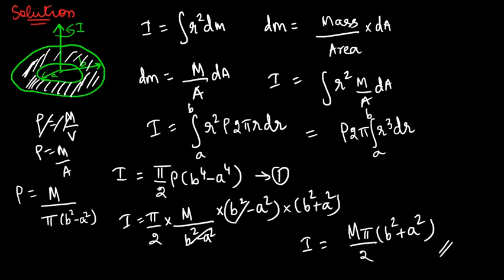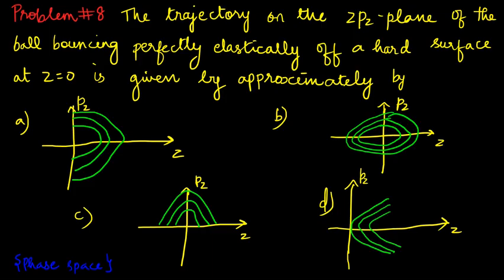So let us see our last problem, which is again from 5 mark, and this is from phase space dynamics. I told that we need a potential to solve a phase space trajectory, right? So here we don't have any information about the potential, but using this information we can directly find which is the suitable diagram for the given information.